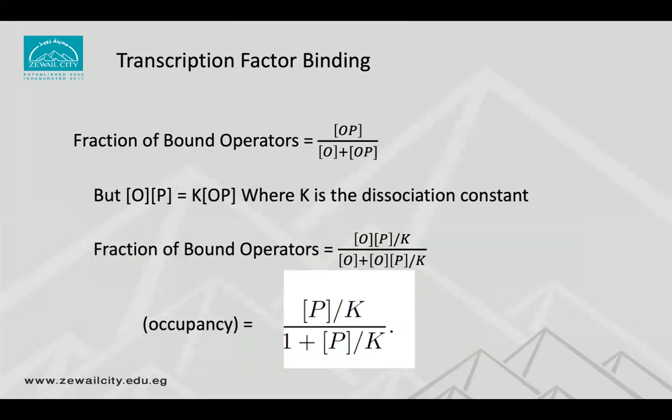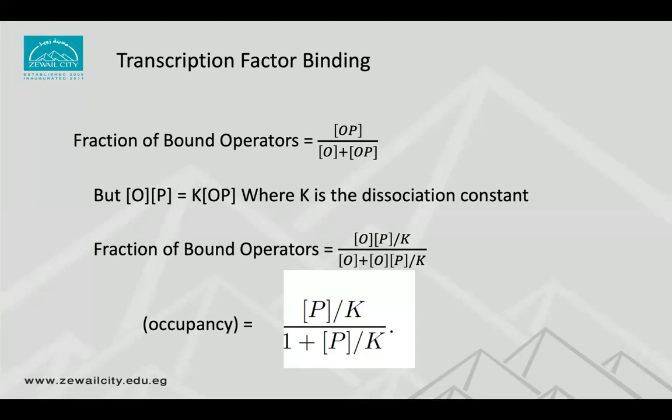So let's anticipate some of the other kinds of scenarios, how we would handle it mathematically. So let's say we have a transcription factor binding, then the rate is going to depend on the fraction of bound operators. So if we have lots of binding sites, then the fraction of bound operators is the concentration of bound divided by the concentration of free and the concentration of bound.